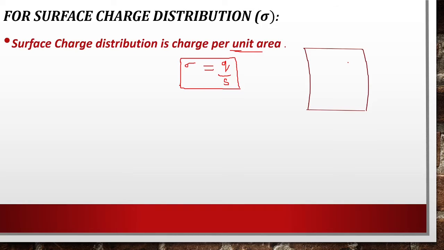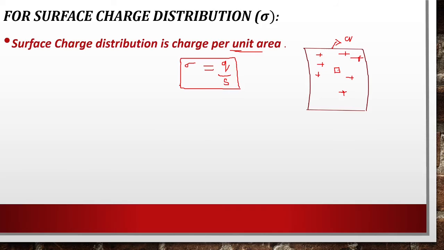This is the same way that we did for linear charge distribution. So let's try to do it. Let's consider a surface and charge is uniformly distributed here. The total charge inside this surface is always taken as Q. Now here we are taking a small surface element, small surface area.